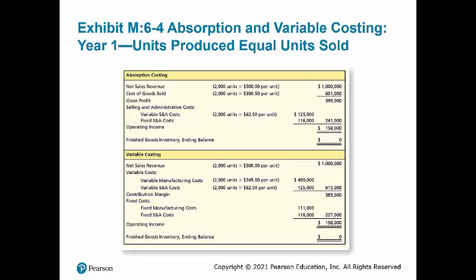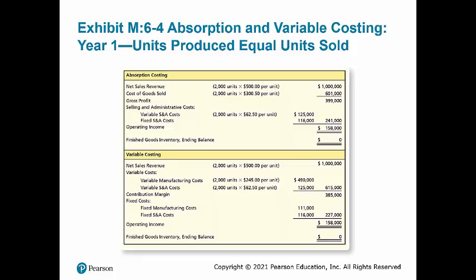The absorption costing income statement includes all manufacturing costs, direct materials, direct labor, variable and fixed manufacturing overhead, in the cost of goods sold. Net sales revenue less cost of goods sold determines gross profit, and then selling and administrative costs, both variable and fixed, are subtracted to determine operating income.